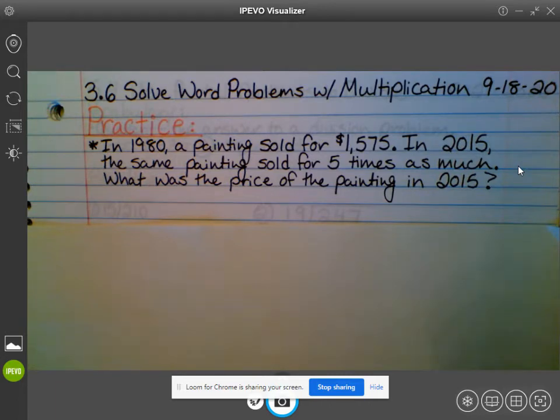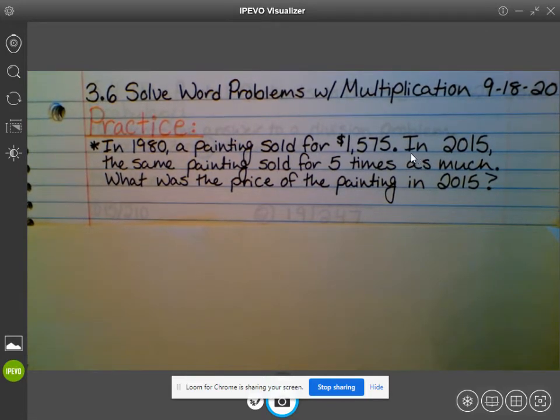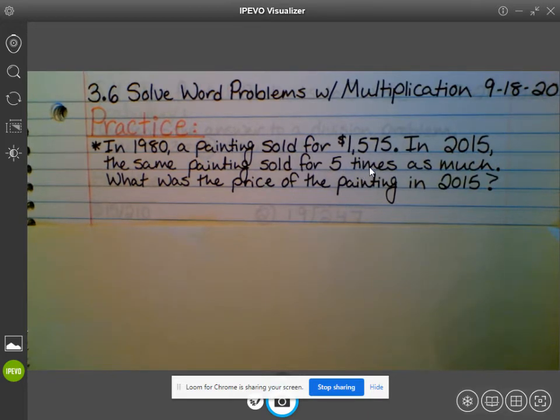The next sentence. In 2015, the same painting sold for five times as much.